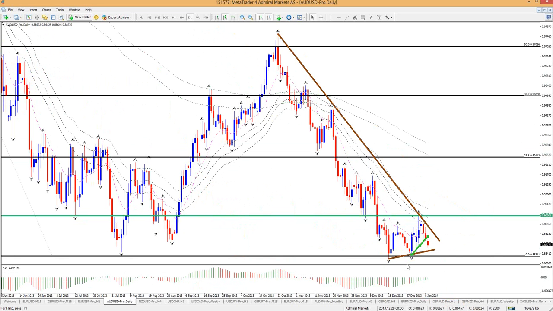The daily actually has an oscillator that's almost back to the zero line, which means that this downward move is over and this was a retrace, and this could then be ready to continue.